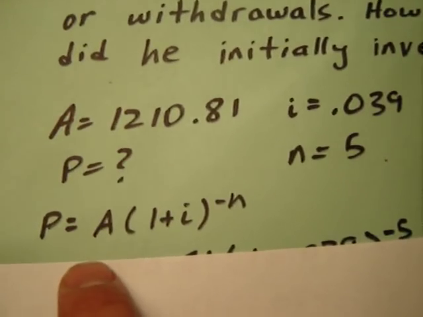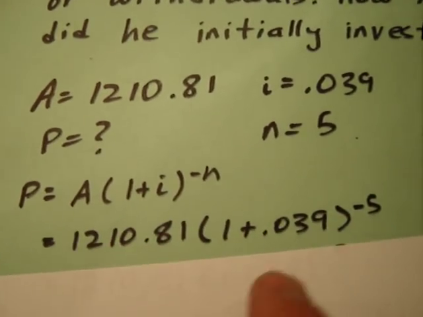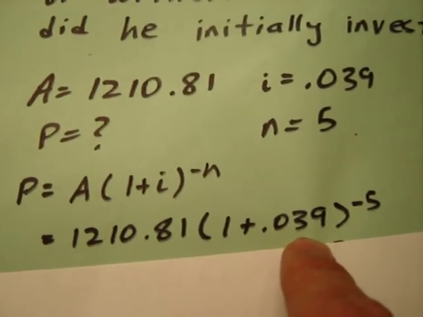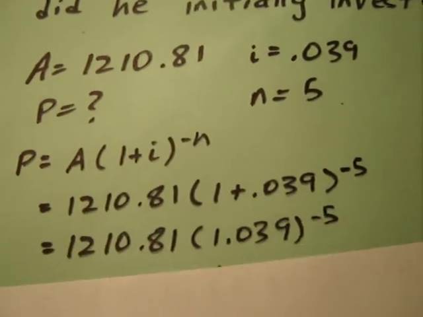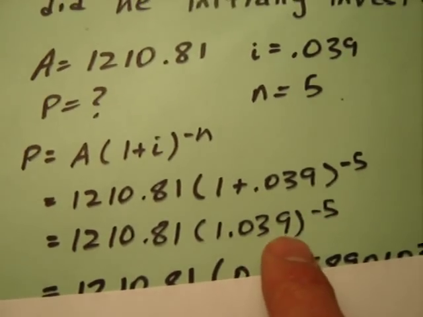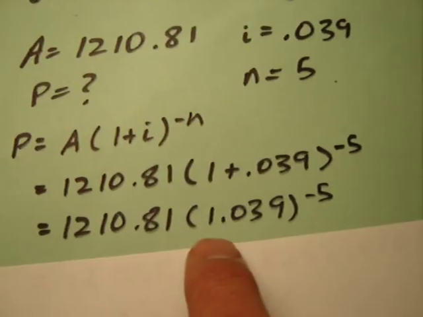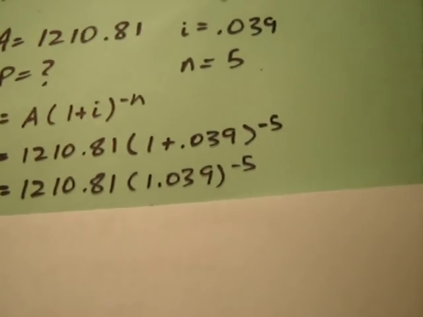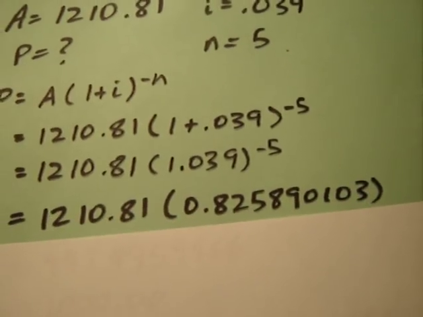So P equals A(1 plus i) to the negative n. We're going to input 0.039 for i. We evaluate the bracket. And then we use our calculator to figure out 1.039 to the exponent -5. We use a lot of decimal places because we want to be accurate to the penny.